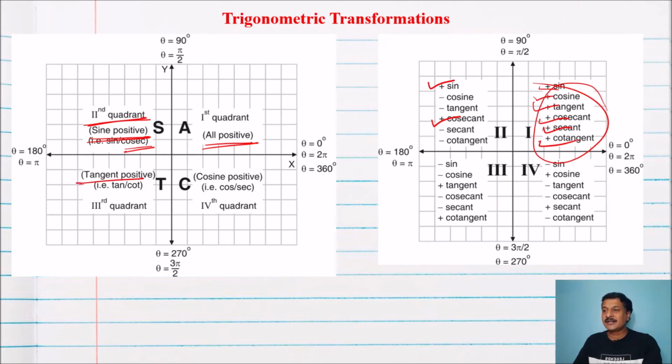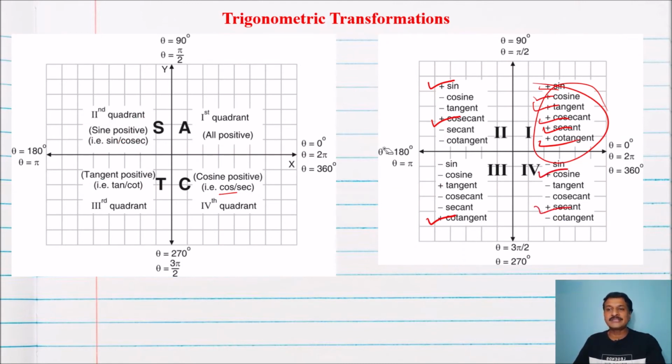In the third quadrant, tan and its reciprocal cot are positive, remaining all negative. And in the fourth quadrant, cos and its reciprocal sec are positive, remaining all negative.